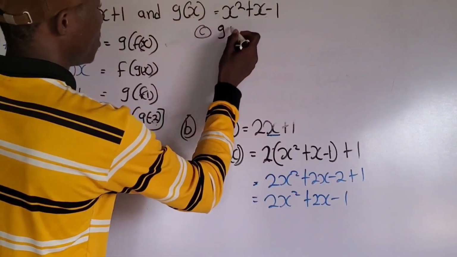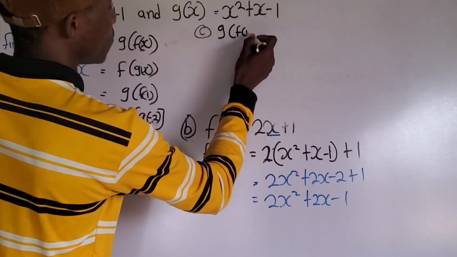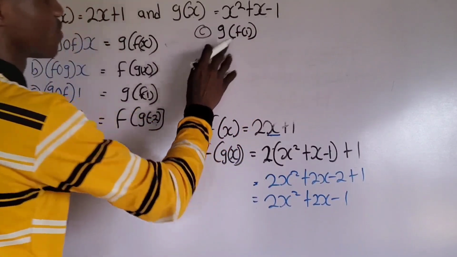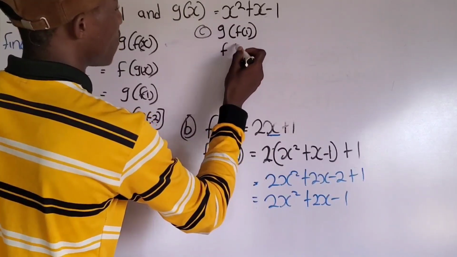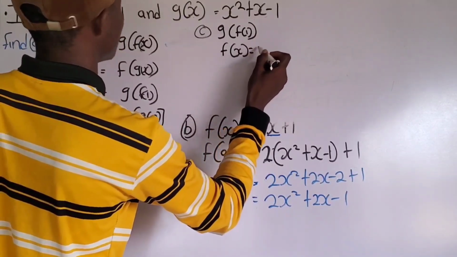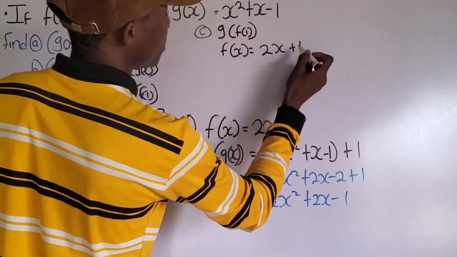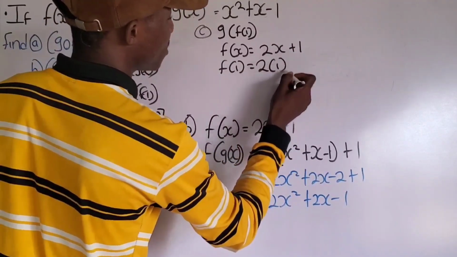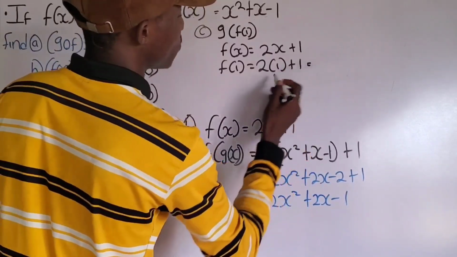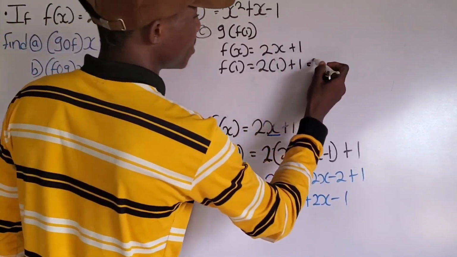And don't forget that f of x is equal to 2x plus 1. So f of 1 will be equal to 2 multiplied by 1 plus 1. 2 times 1 is 2, 2 plus 1 is 3. So I'm going to have 3.